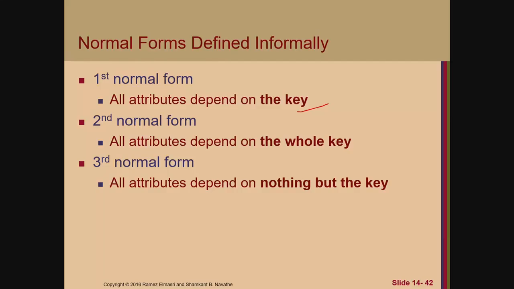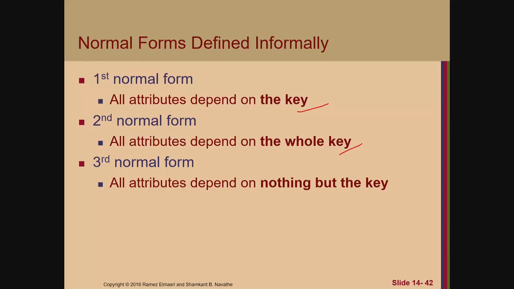Just atomic, just one value in one row. Second normal form, all attributes depend on the whole key. Cannot depend on part of the key, just the whole key only. And the third normal form, attributes depend on nothing but the key. Depend on only the key.